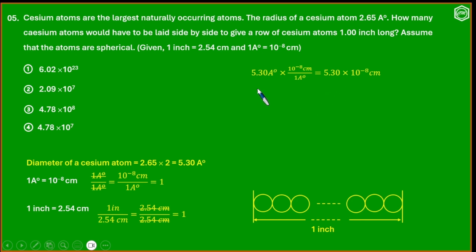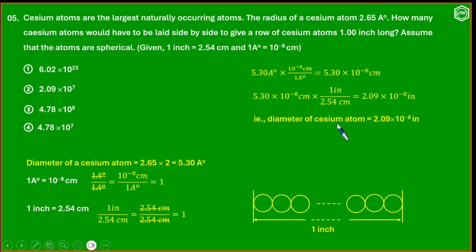Now we convert it into inch. So 5.30 into 10 raised to minus 8 centimeter into 1 inch by 2.54, that is 2.09 into 10 raised to minus 8 inch. We can do it in a single step.